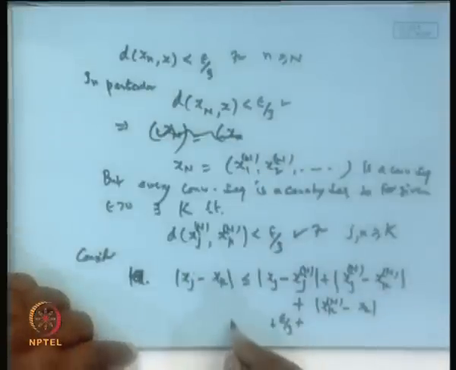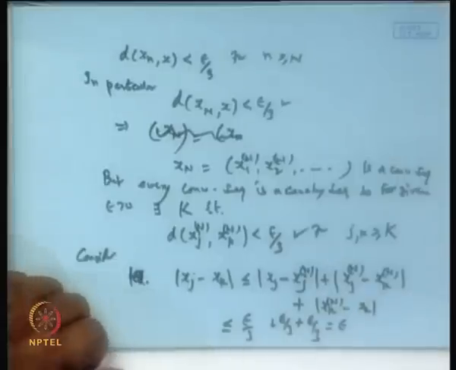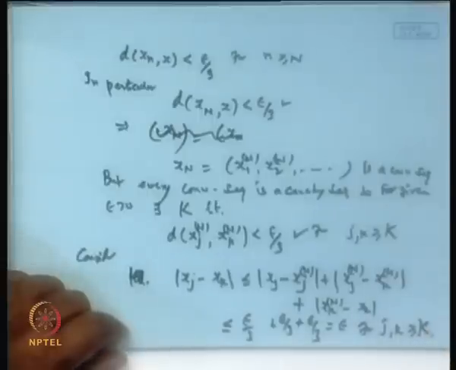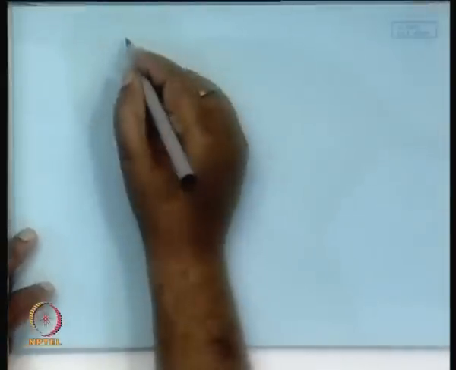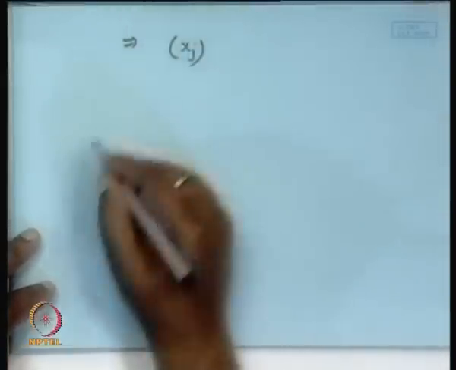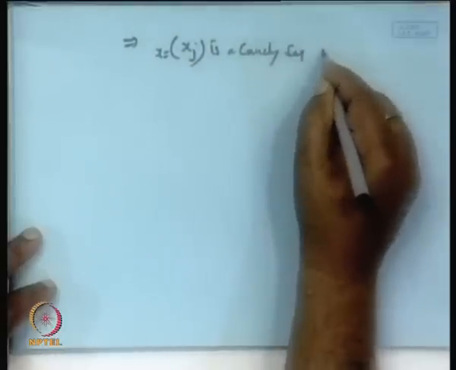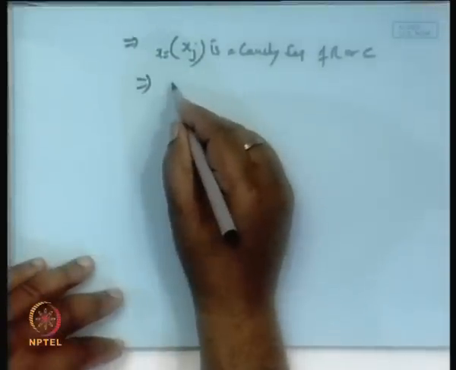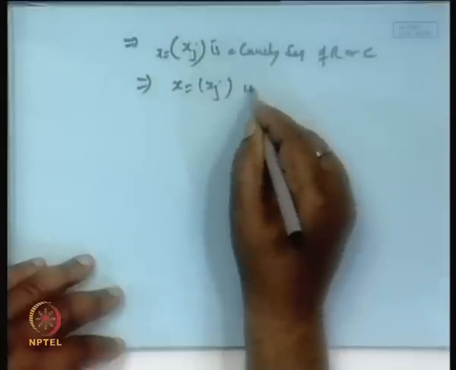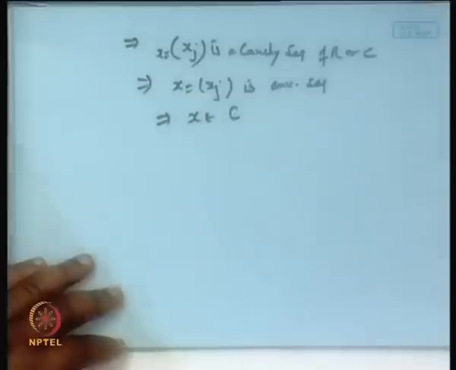So, this is less than or equal to epsilon by 3 plus epsilon by 3 plus epsilon by 3, which is epsilon, and this is true for all j, k greater than or equal to K. So, the sequence x, which is x_j, is a Cauchy sequence of real or complex numbers, and therefore it is convergent. Therefore, x belongs to C.